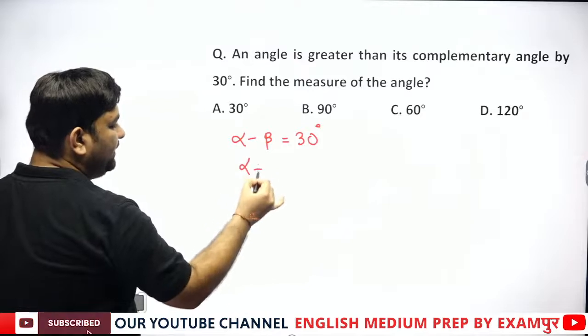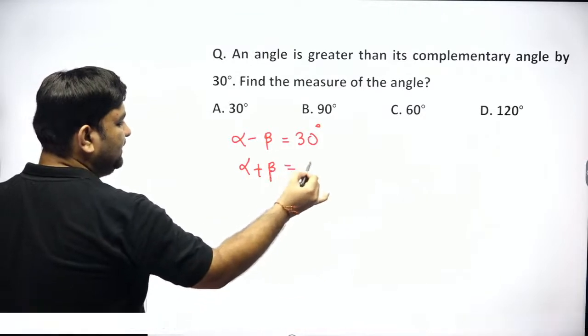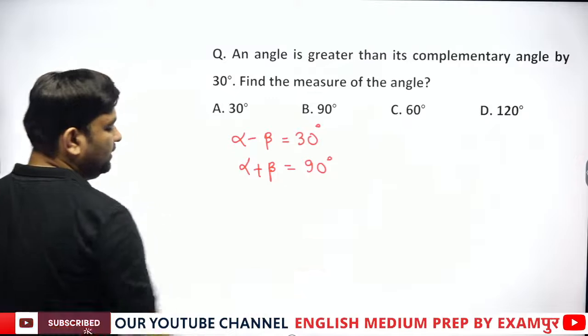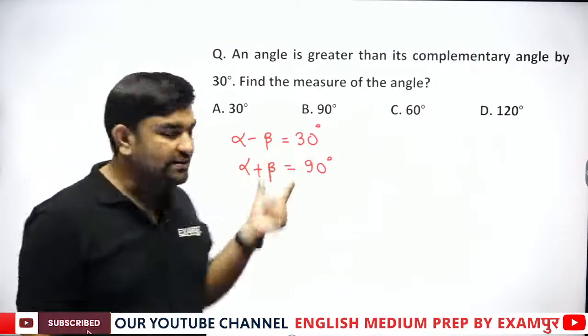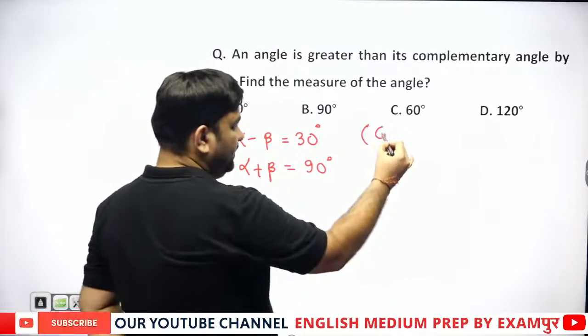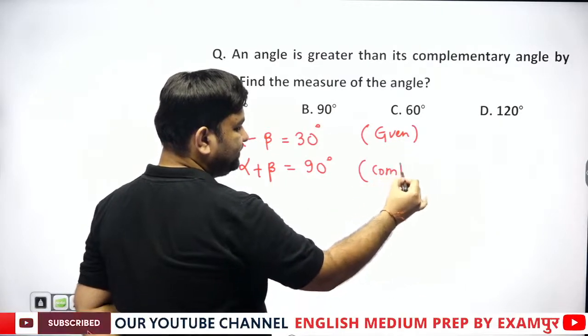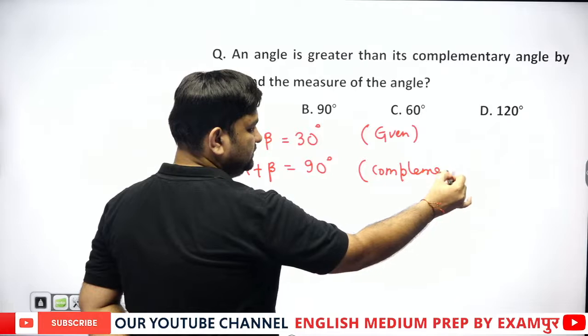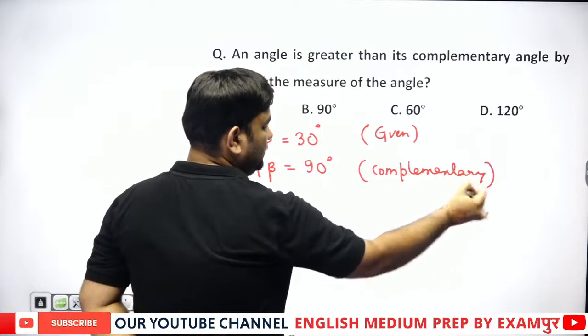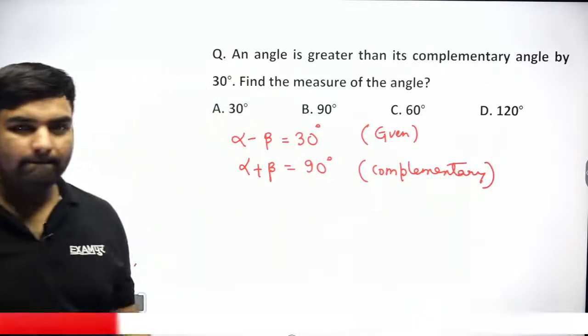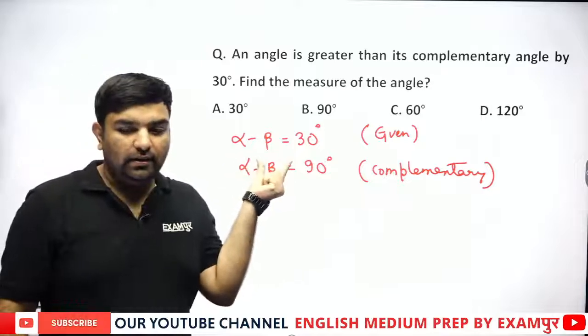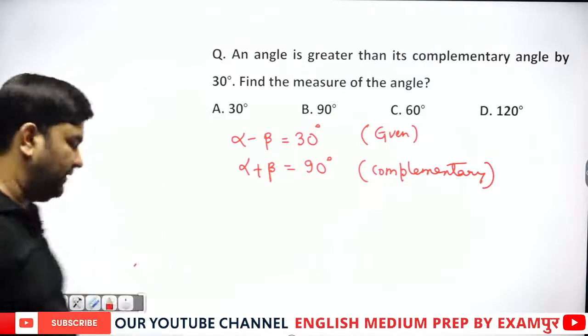And since they are complementary, alpha plus beta is 90. This is given in the question, and this is because of complementary.